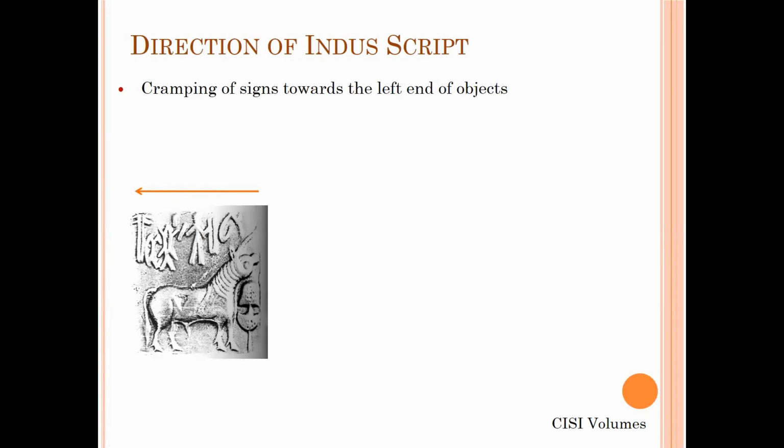At times, when we go from the right side to the left side on an inscribed surface, such as a seal, we find that the signs start shrinking. So this shows that due to lack of space, these are squeezed over here.